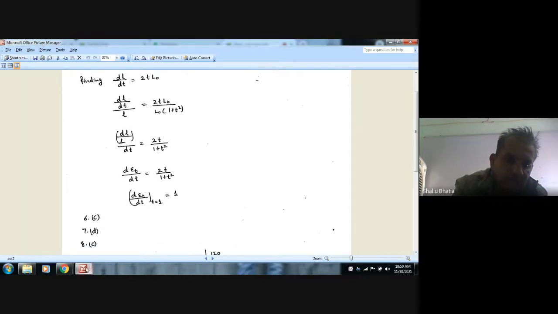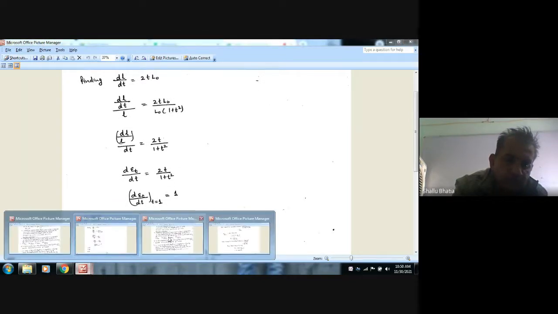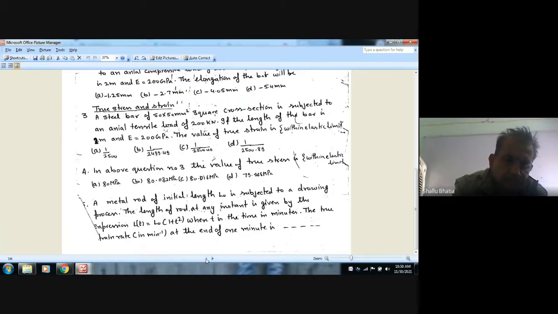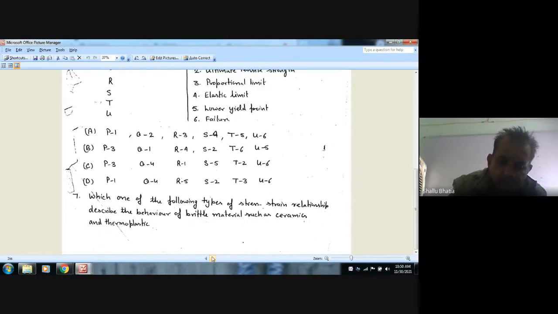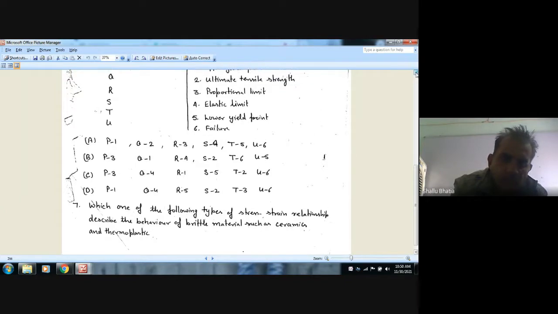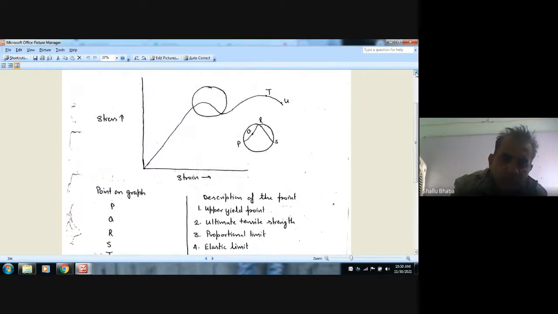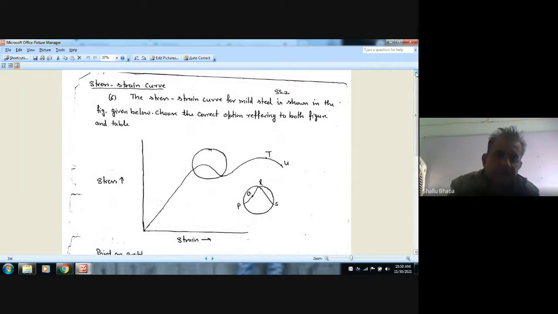Next question is on the stress strain curve. Question number 6. The stress strain curve for mild steel is shown in the figure below.